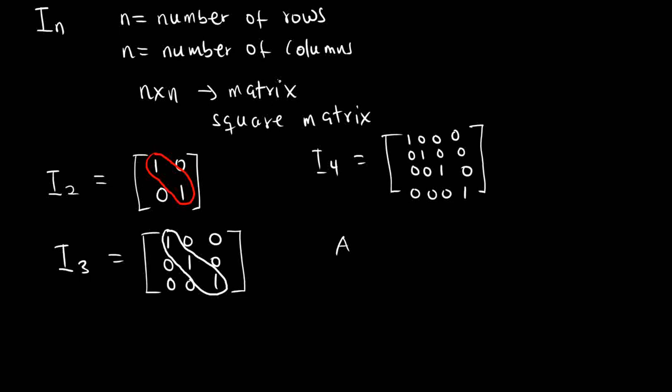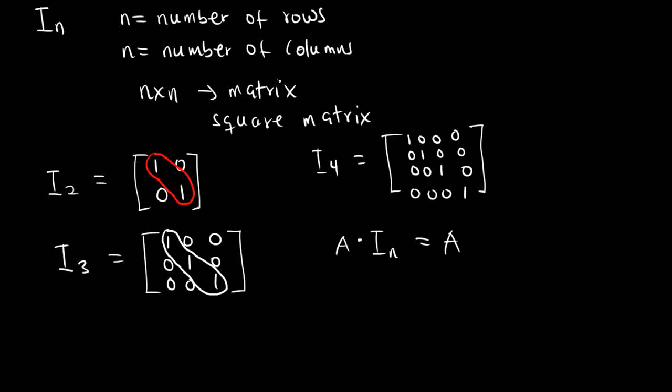I'll get the same matrix A. So the matrix A multiplied by the identity will give me the matrix A again.